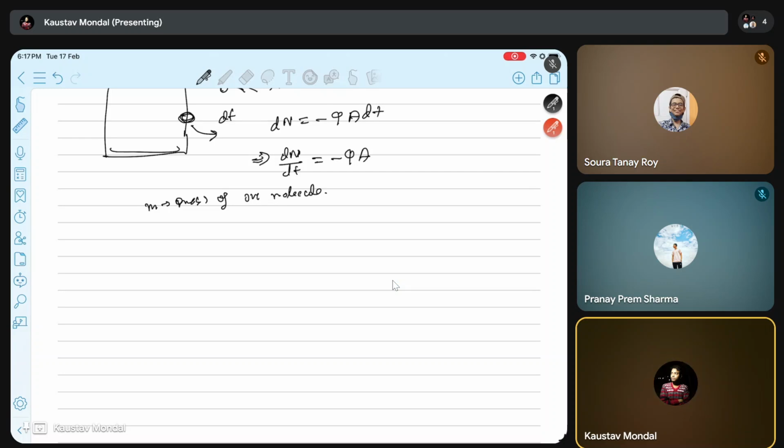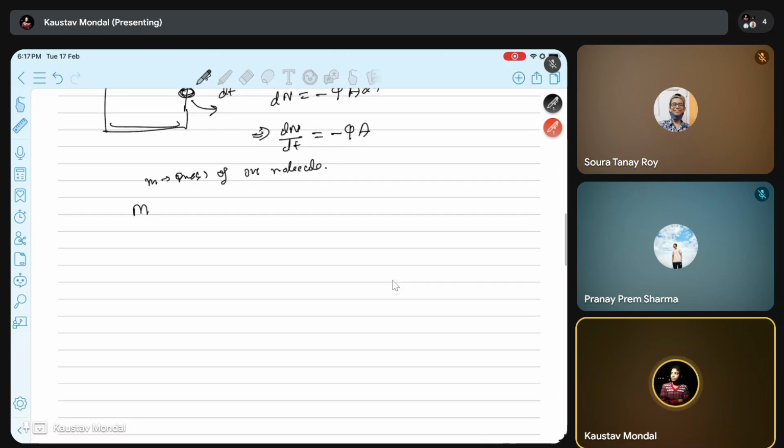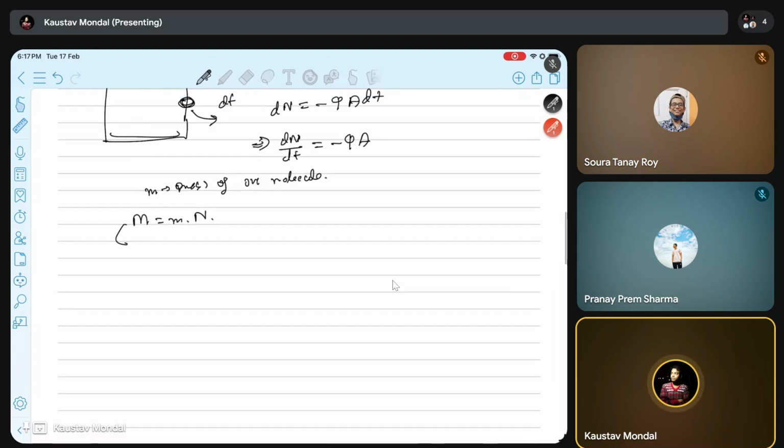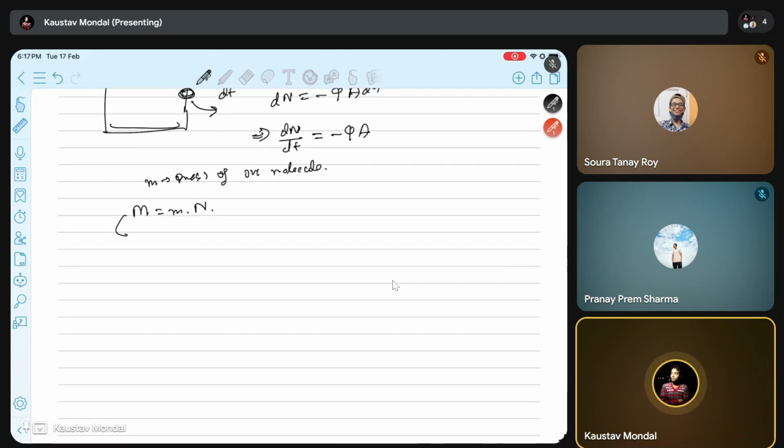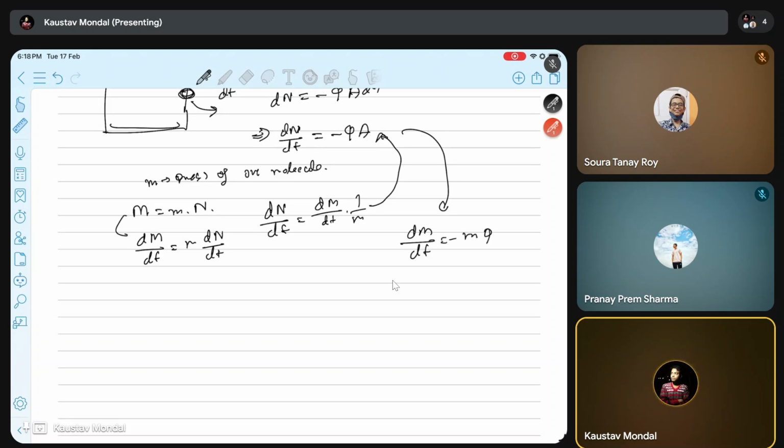In that case the total mass is M equal to m into n, the total mass of the gas, with n molecules. Then you can write dM dt equal to m into dn dt, so dn dt equals dM dt by 1 by m. Substituting this, you get dM dt equal to minus m phi a.